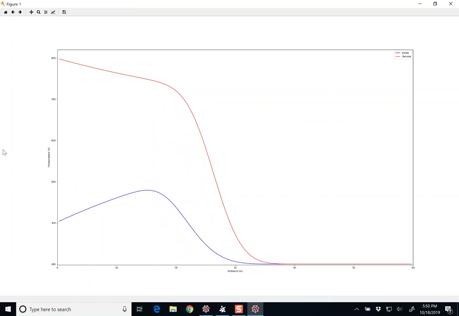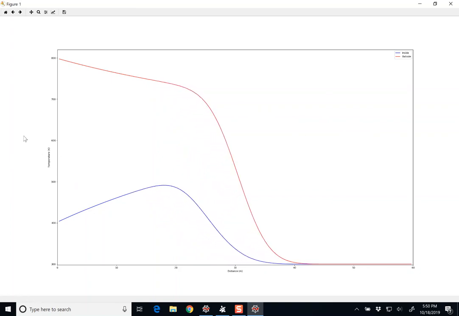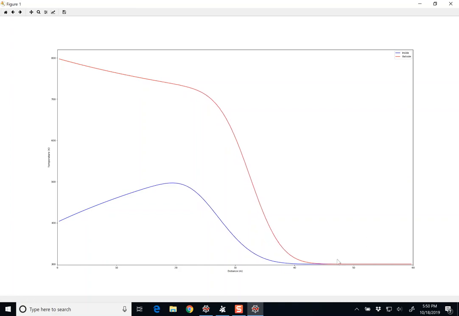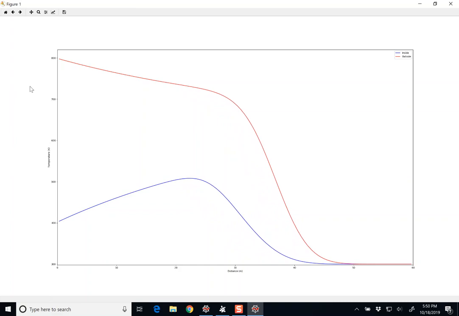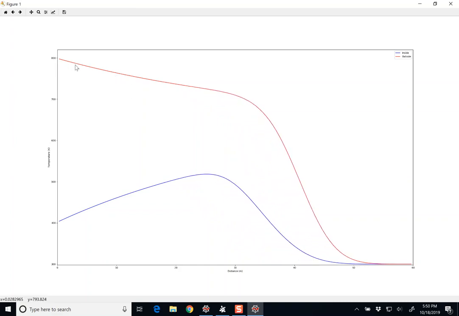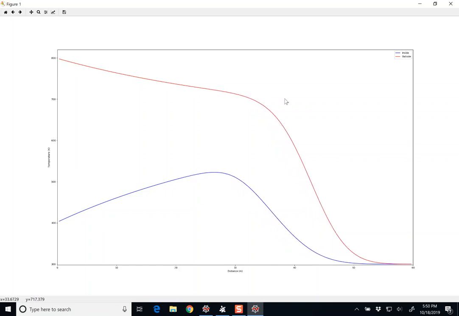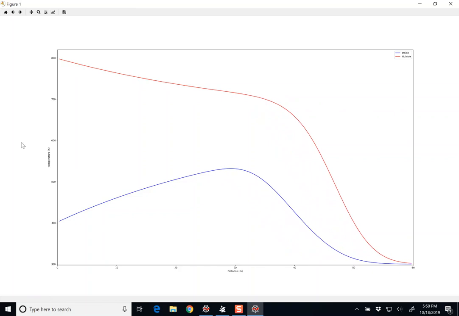The reason that things are happening from left to right is because initially all the fluids in our pipe are at 300, and then we're suddenly turning on valves and we're starting to introduce these new hotter fluids. So it takes a while for that fluid to make its way all the way through the pipe and gradually heat things as it goes.